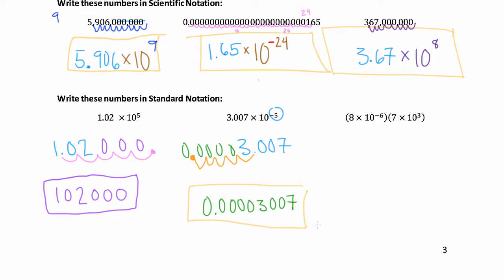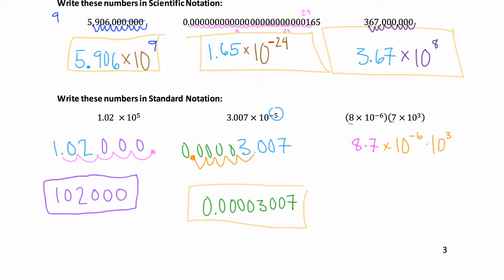And then there's a few of these problems where what's cool is I can use my rules of exponents. So I have 8 times 7. I can just do 8 times 7, and then I can multiply my powers of 10, so times 10 to the power of negative 6 times 10 to the third.